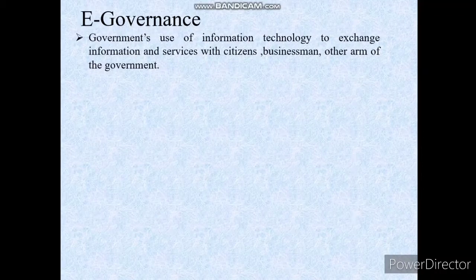E-government: when governments use information technology to exchange information and services with the citizens, businessmen, and other parts of the government, then it's known as e-governance. Right? To reach the citizens in an effective and transparent manner, government sets up several websites.